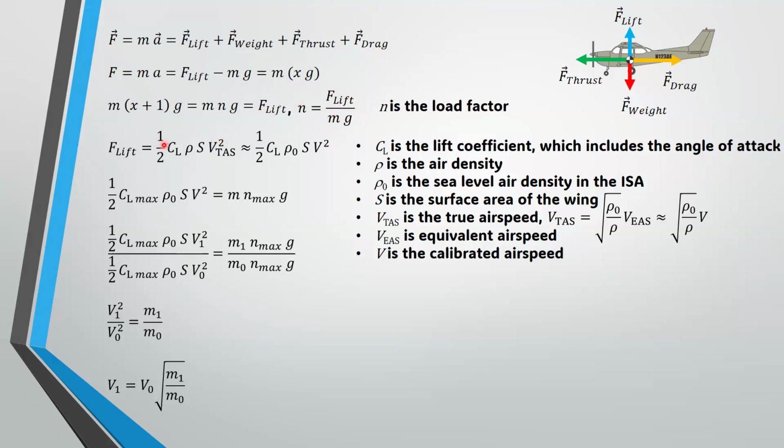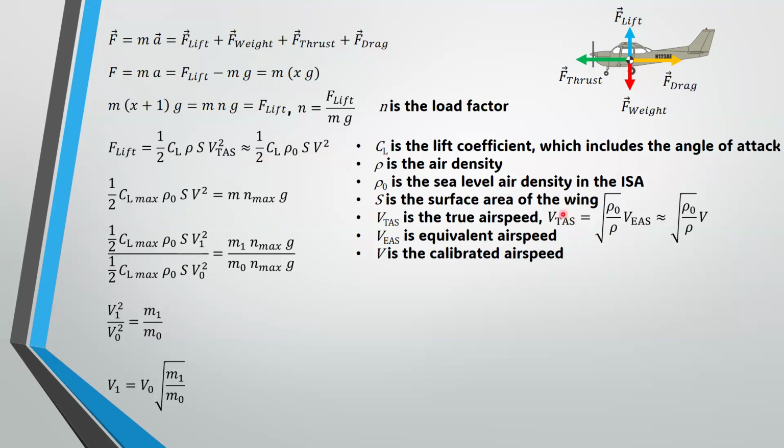If we look at how the force of lift depends on other factors, we can see that it's linearly dependent on the coefficient of lift, which includes the angle of attack. It also depends on true airspeed. However, we are used to using indicated airspeed, and even though we cannot modify this formula to use indicated airspeed since it's dependent on the airplane and other factors, we can substitute it with calibrated airspeed, which is very close to indicated.